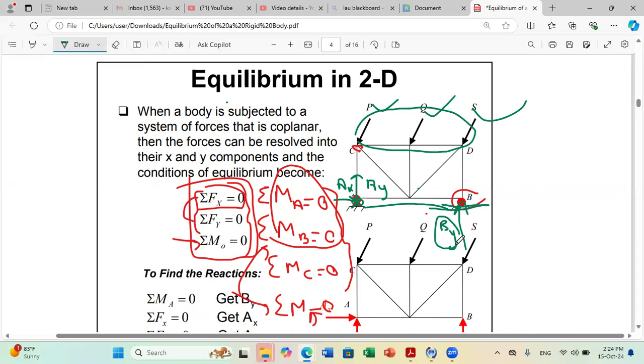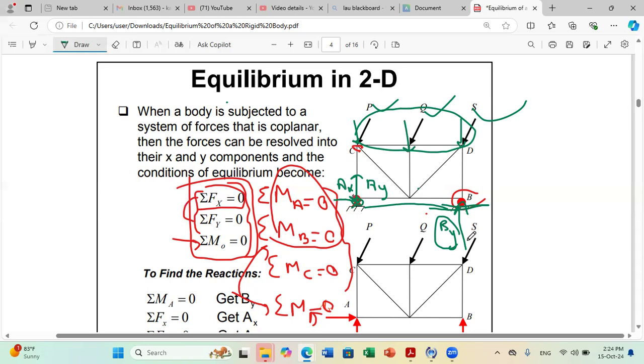While if I write sum of y equals 0, I will have plus Ay plus By and minus y components, so minus these components here, equals to 0. So I will have 2 unknowns. So it's better to start with sum of moments about A to solve for By first.